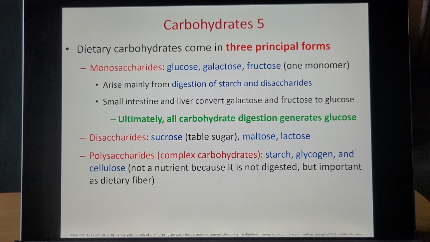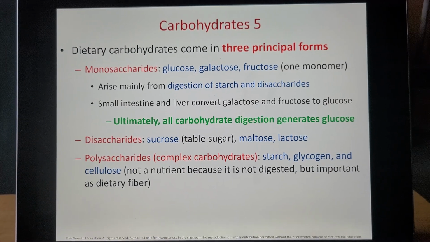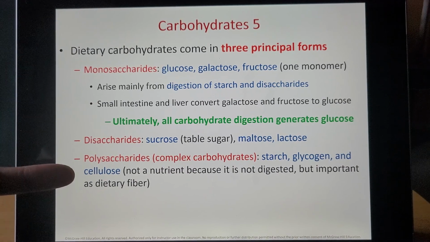Then our last one are polysaccharides. These are complex carbohydrates that eventually have to get broken down and digested. So starch, glycogen, and cellulose, which although it is a carbohydrate that we eat, we don't have the enzyme to break it down.